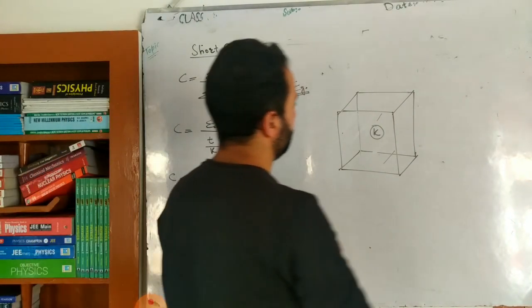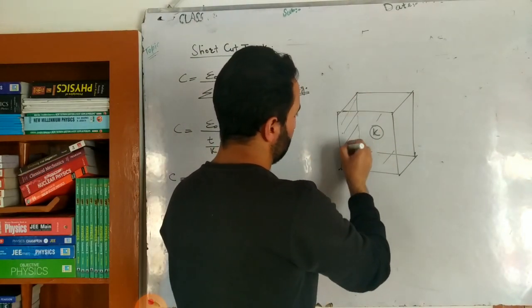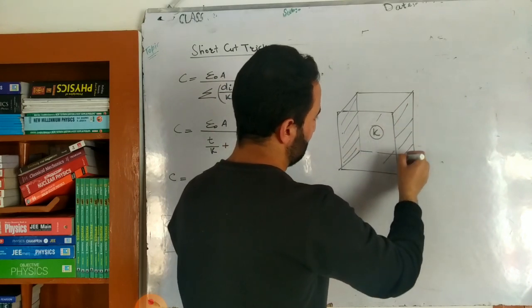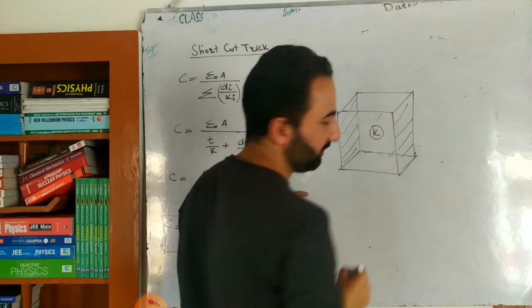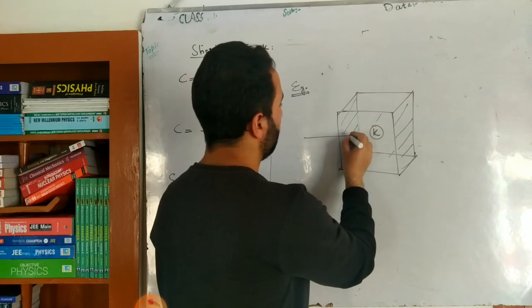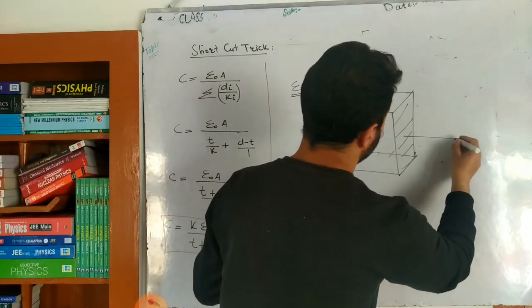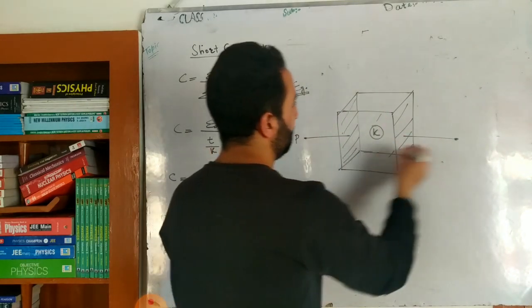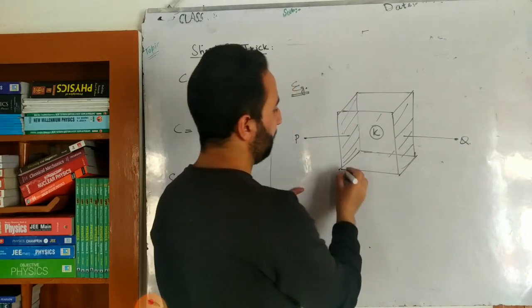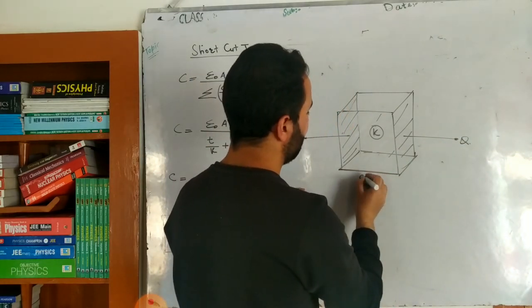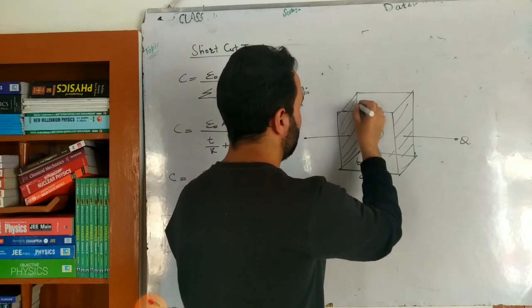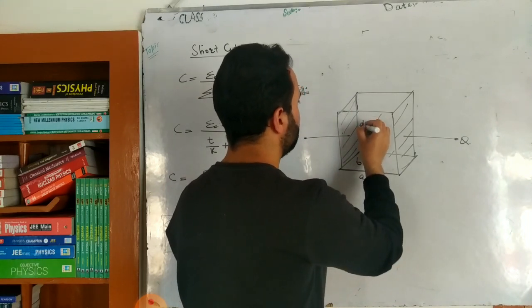Okay. Now, if for example these two faces, this face and this face, are coated with metal, then you will have to calculate the capacitance between these two points. This is point P, this is point Q. And it's mentioned that this side is A, this side is B, and this height, suppose, is equal to d.